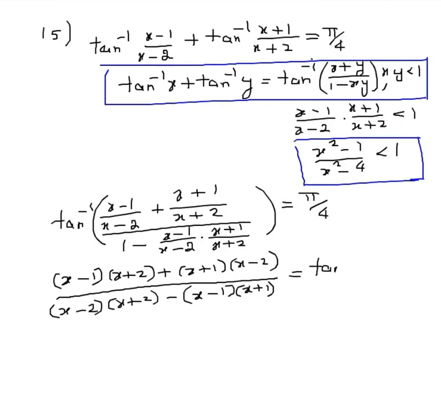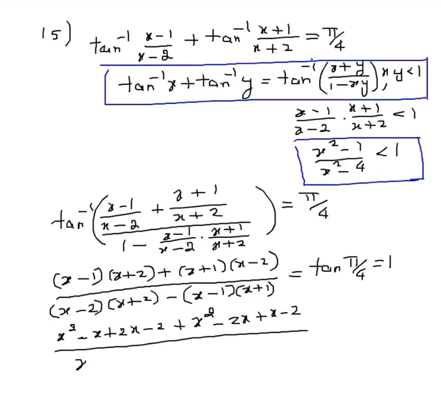Here tan pi by 4, which is 1. Let us open the brackets. X square minus x plus 2x minus 2, x square minus 2x plus x minus 2, divided by a plus b into a minus b is a square minus b square, and this is x square minus 1 equal to 1.